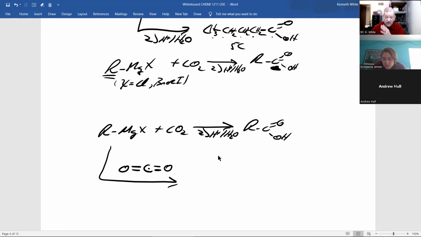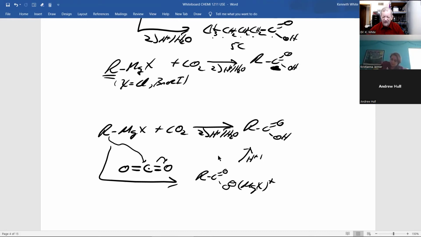And you learned, hopefully for today's test, that the R group on a Grignard will attack the carbonyl carbon. When it does, it opens it up like this, so you get this product. And this is the carboxylate anion, which is the conjugate base of a carboxylic acid. And when I add acid and water, I'll replace this salt with this H plus. And that's how it works.